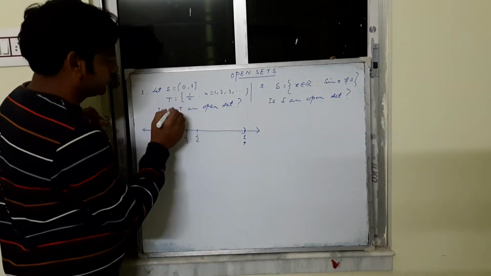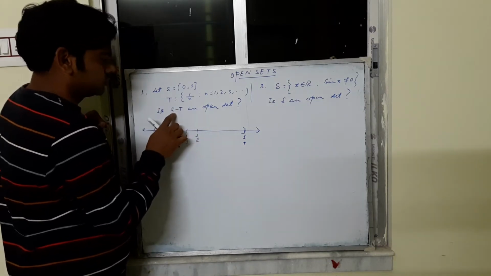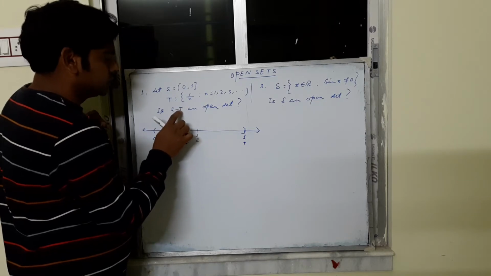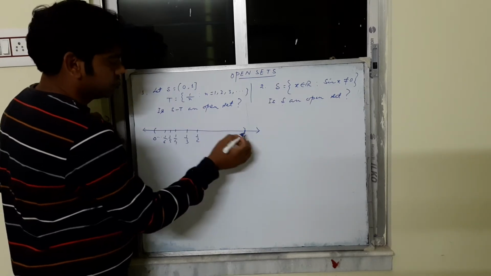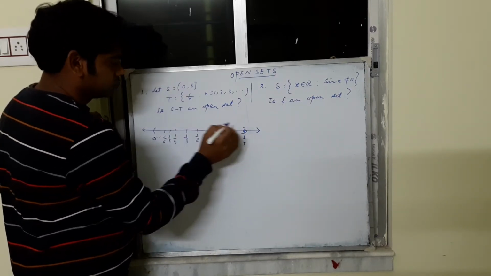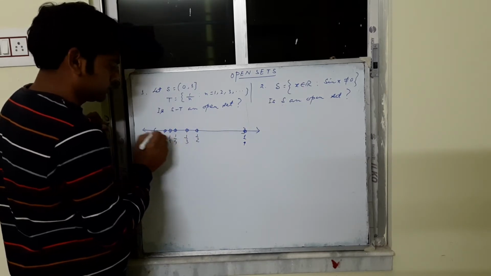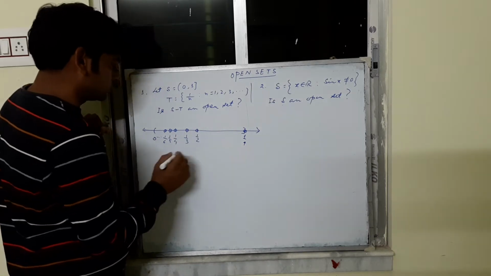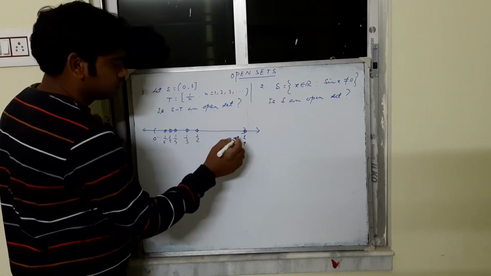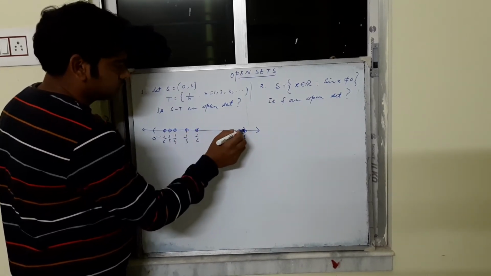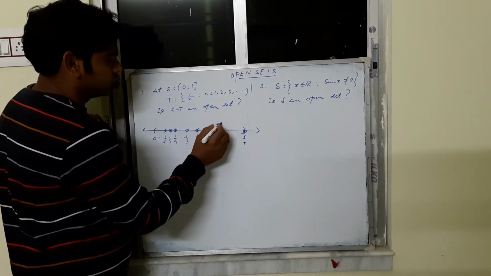Now we have to find S minus T. So this set will be obtained by deleting all those elements of T which are also in S. So we will delete the elements of T which are 1, half, 1 upon 3, 1 upon 4, 1 upon 5, 1 upon 6, etc. If we delete all those elements from the set S, that means the semi-open interval, we will get this one from the right of half to the left of 1, so it is an open interval.